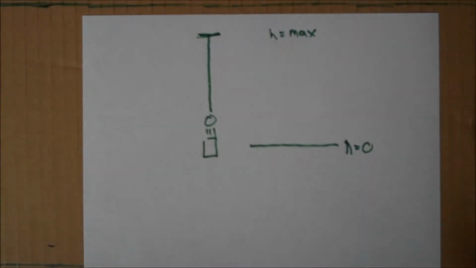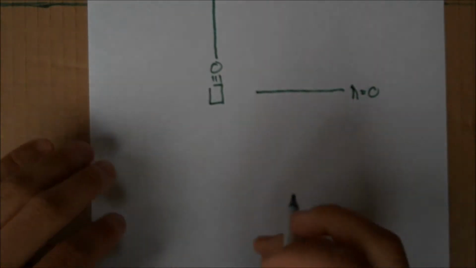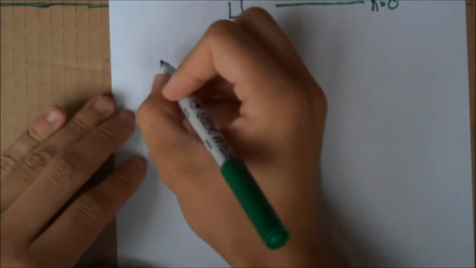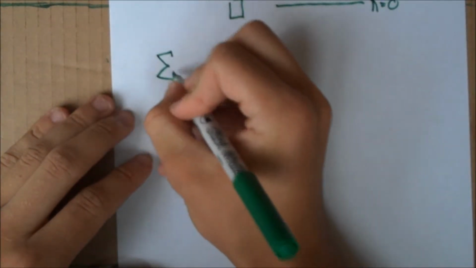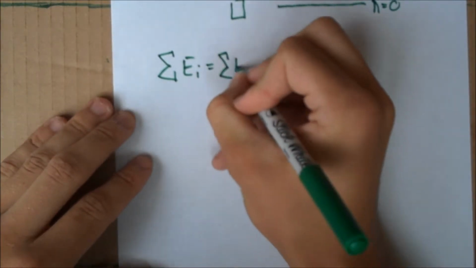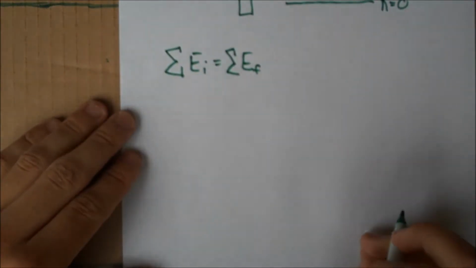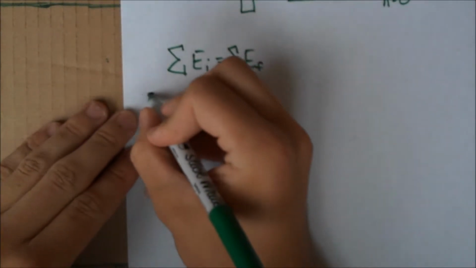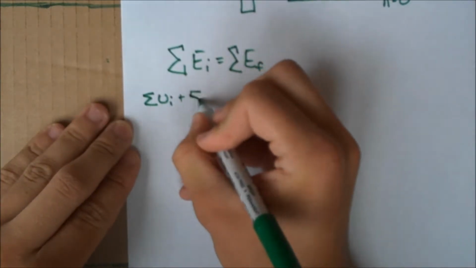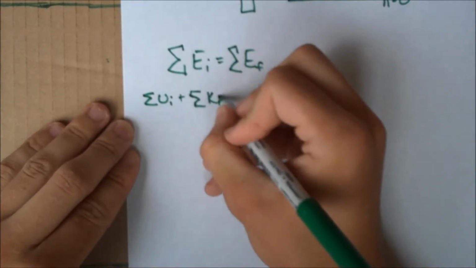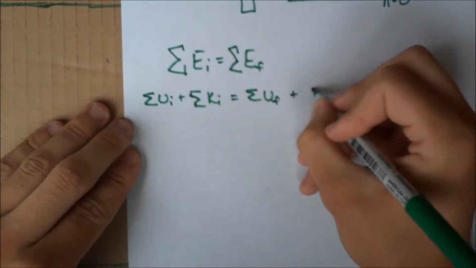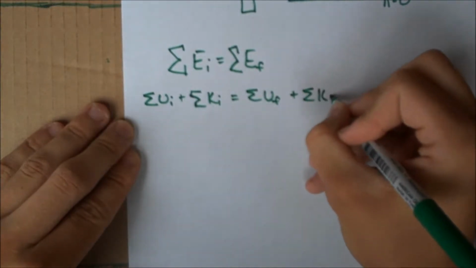So to start, we need to write the law of conservation of energy, which is the sum of the energies initial equals the sum of the energies final. We can break it down into the sum of the initial potential energy plus the initial kinetic energy equals the final potential energy plus the final kinetic energy.